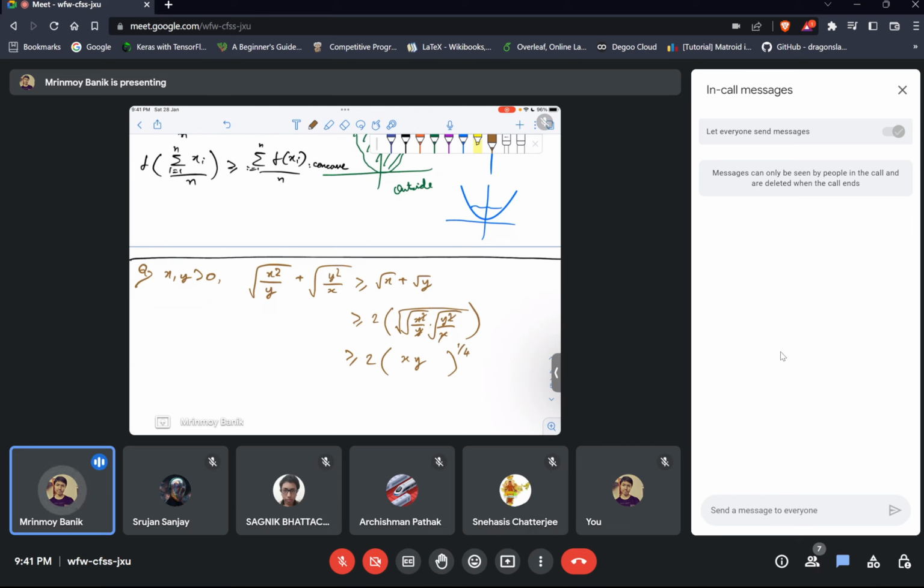Okay, so no, it's not this easy. Well, there is something called the rearrangement inequality, and we can exploit that.